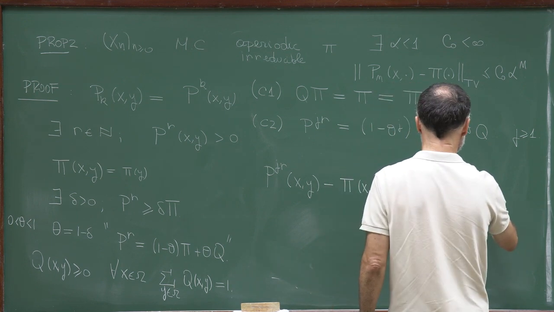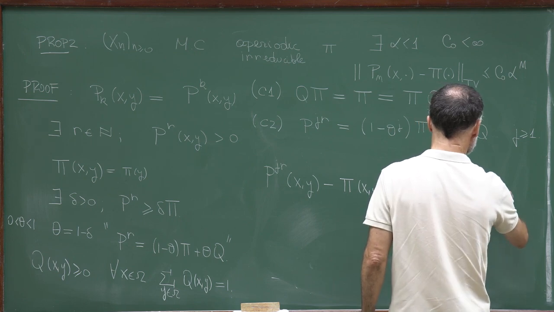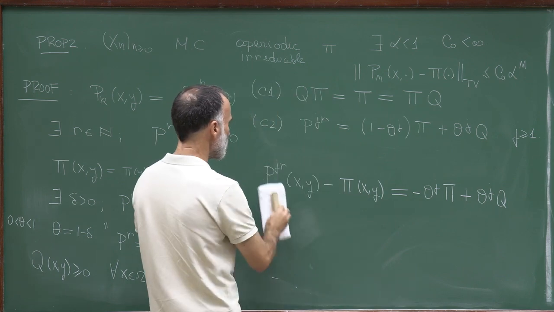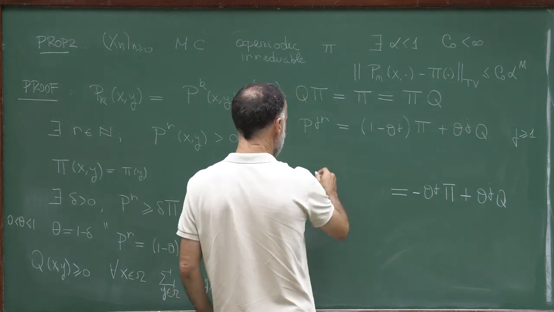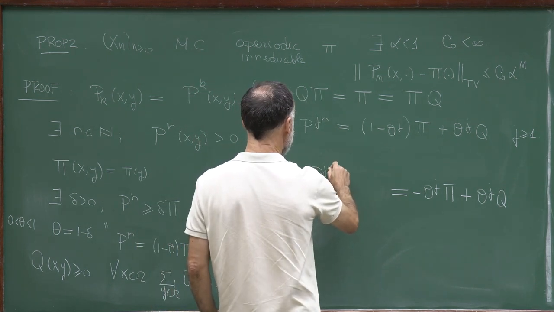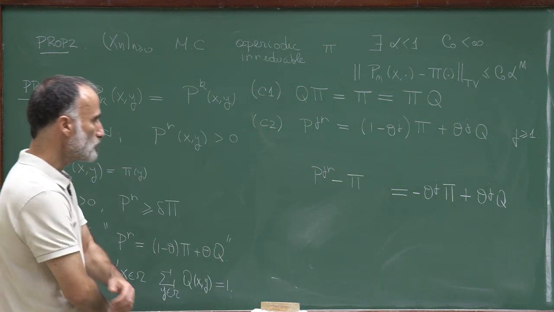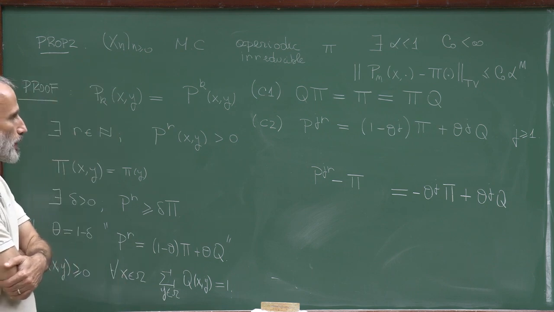Or maybe let me write it in this way. I can rewrite this identity as P^jr minus pi is equal to this quantity.